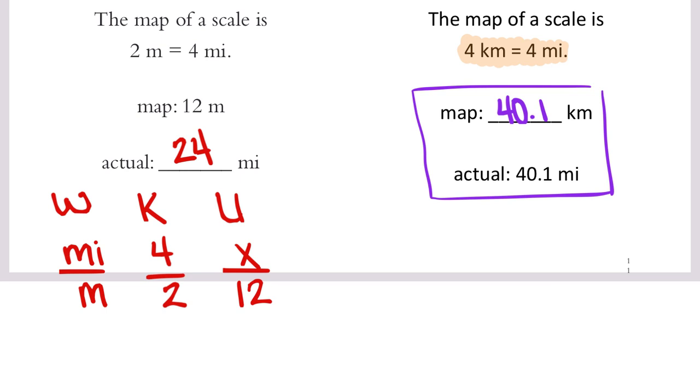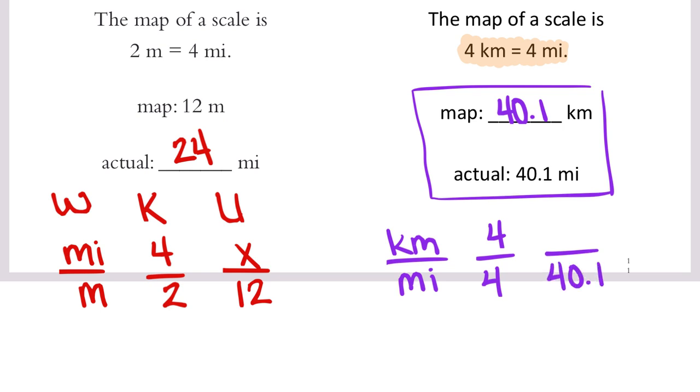You can set it up kilometers to miles. 4 kilometers is 4 miles. We know 40.1 miles. You're looking for the kilometers. And in fractions, if the top and the bottom are the same, they're always going to be the same, no matter what it becomes.